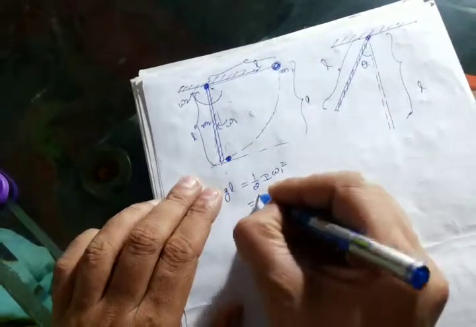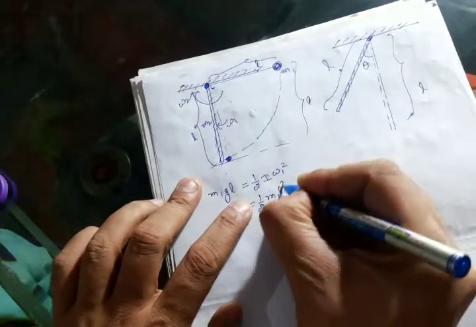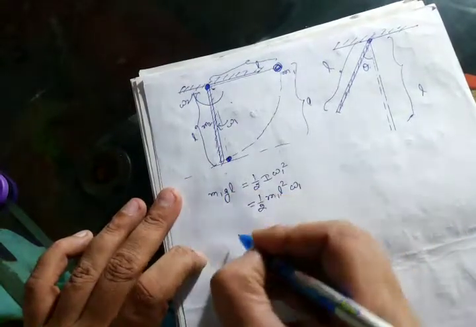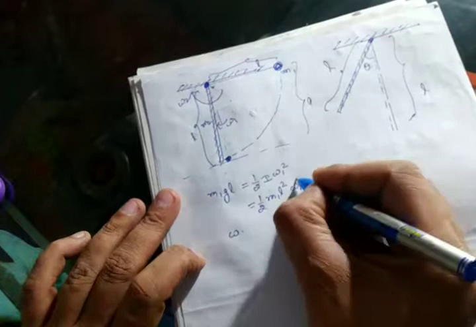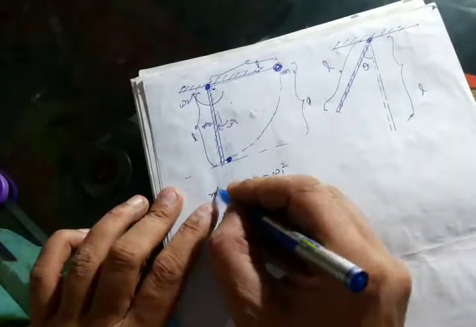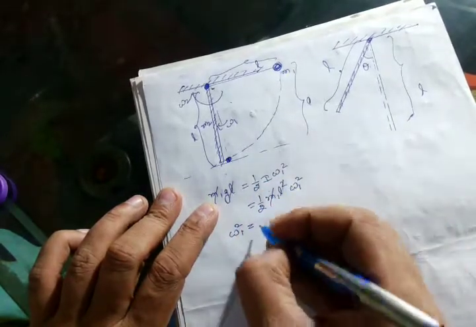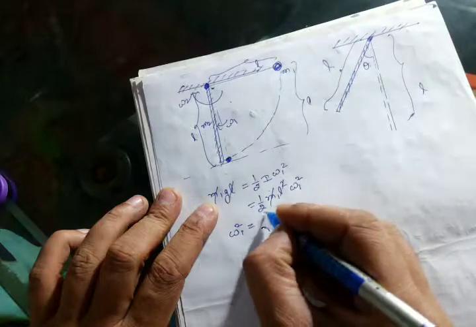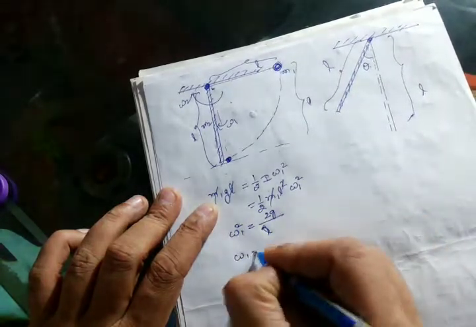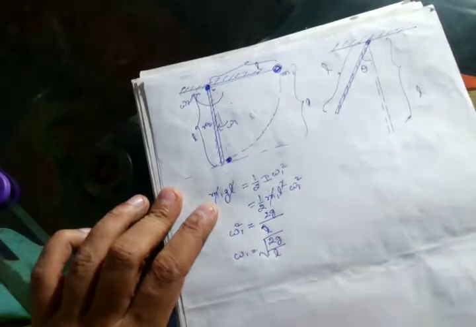That will be half m1 L square omega 1 square. So the omega 1 will be under root 2g over L.